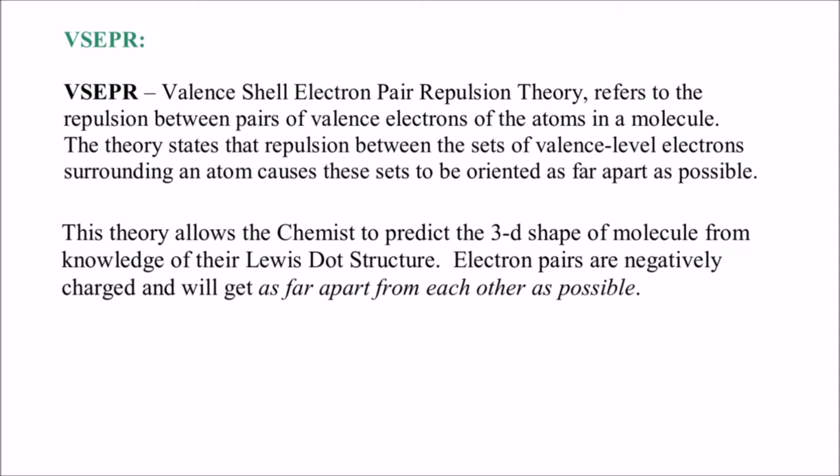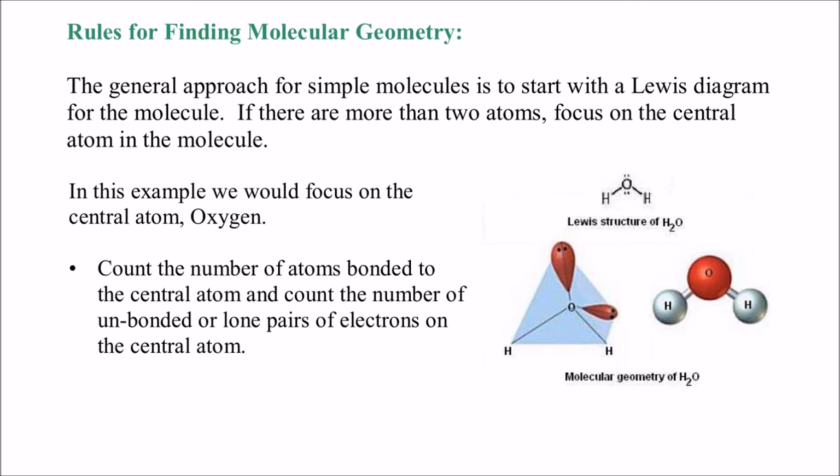This allows a chemist to predict the 3D shape of most molecules out there just by looking at the Lewis dot structure. So here are the rules for finding the molecular geometry of a molecule.